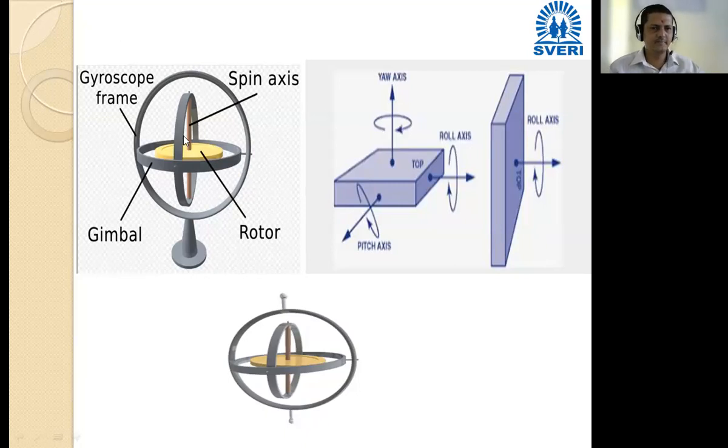See the construction of gyroscope. This rotor or balance weight is attached with the help of three gimbals, 1, 2 and 3. तीन गॅम्बलच्या मध्ये रोटर और बॅलन्स वेट आहे. ठीक आहे. त्याच्यावरती ग्रॅव्हिटेशनल फोर्स ऍक्ट होतो.